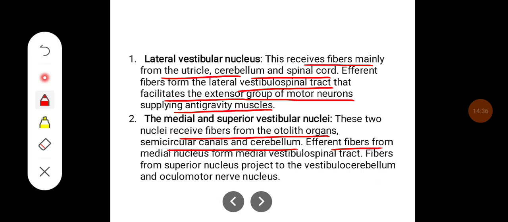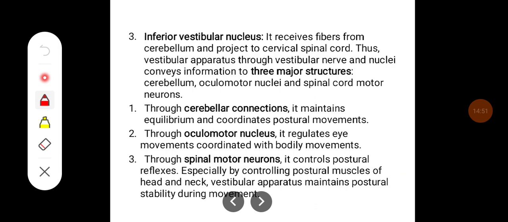Efferent fibers from the medial nucleus form the medial vestibulospinal tract. The fibers from the superior nucleus project to the vestibulocerebellum and oculomotor nerve nucleus. The inferior vestibular nucleus receives fibers from the cerebellum and projects to the cervical spinal cord.